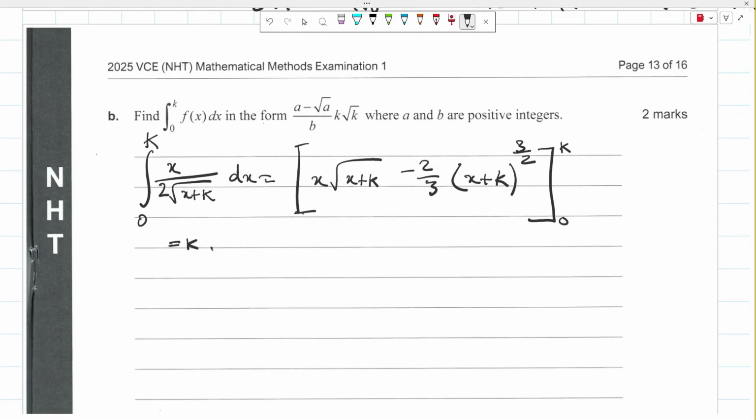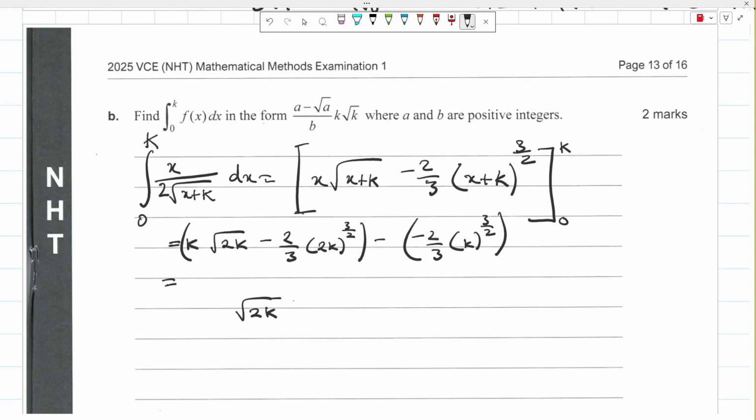So let's start with this. We get k times root 2k minus 2 over 3 times 2k to the 3 over 2, minus, and when you put in 0, you just get negative 2 over 3 k to the 3 over 2. Now root 2k you can split up as root 2 times root k. So you can do k times root 2 times root k minus 2 over 3 root 2k cubed.